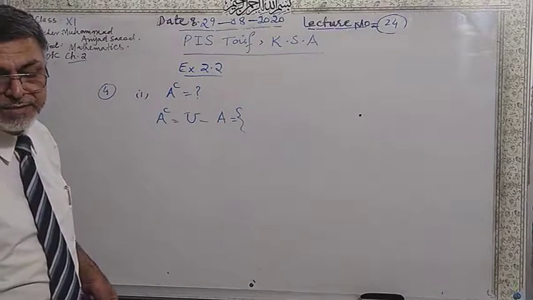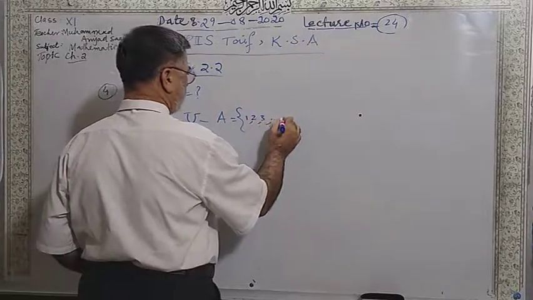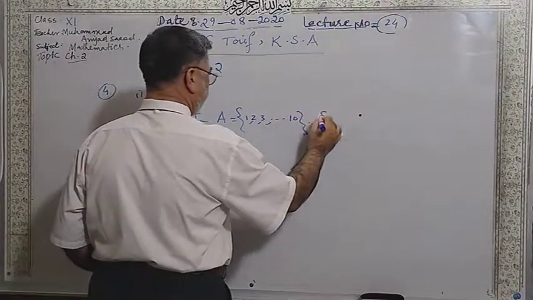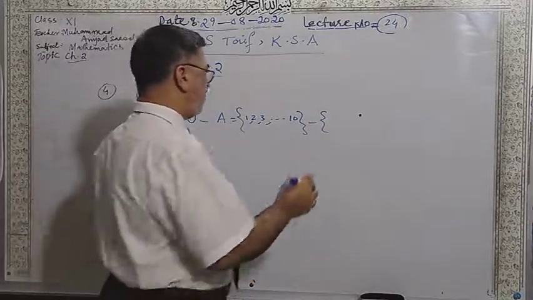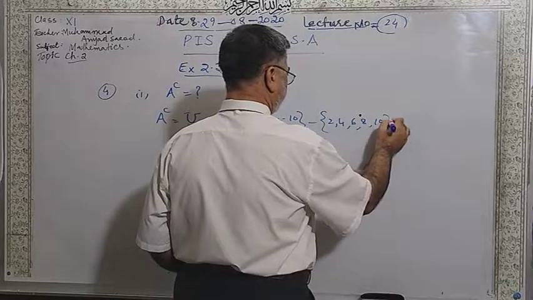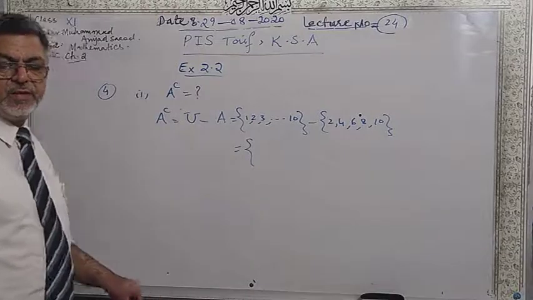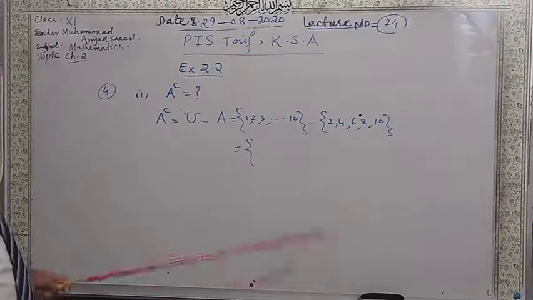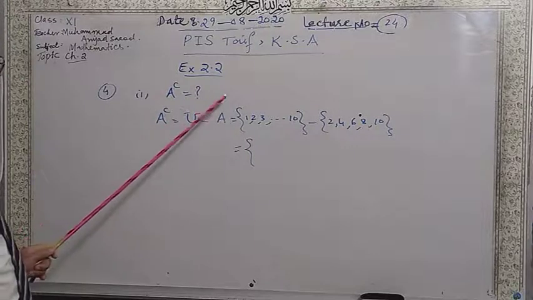From 1 to 10: 1, 2, 3 and so on up to 10. And A is the set of even numbers: 2, 4, 6, 8 and 10. You can check it. Universal minus A, that is A complement.